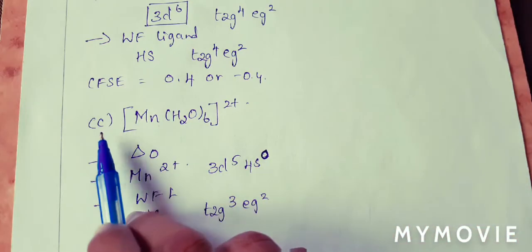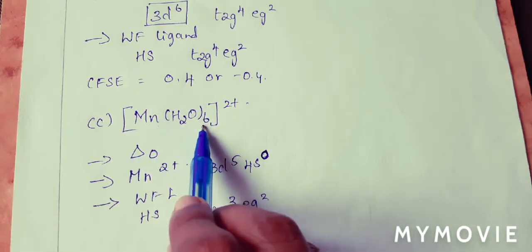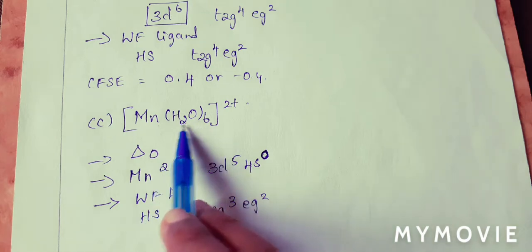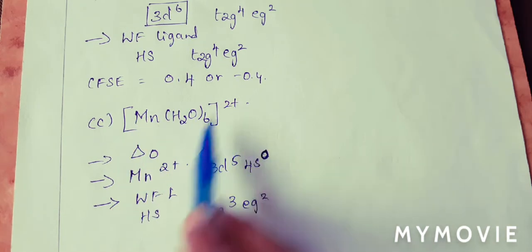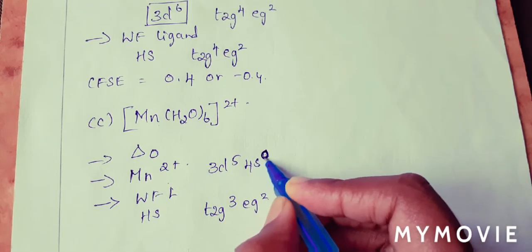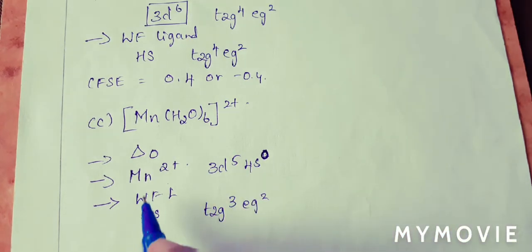So moving on to option C, we have manganese, and from the complex it's clear that it forms 6 bonds, so it's an octahedral complex. And the value of water is 0, so the oxidation state of manganese is going to be plus 2. So I'm writing plus 2, which means it's losing the 2 electrons from the s orbital and retains the 5 electrons in the d orbital. Now, water is a weak field ligand, which I'm writing here. Since it's a weak field ligand, it can only form a high spin complex.